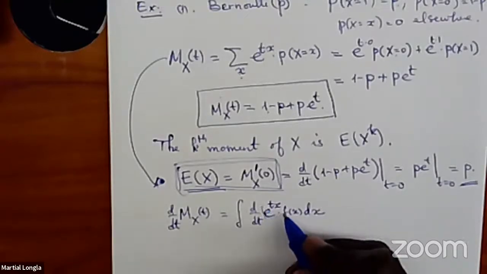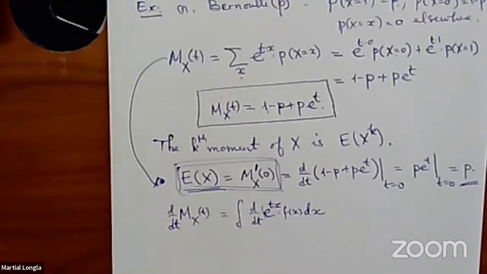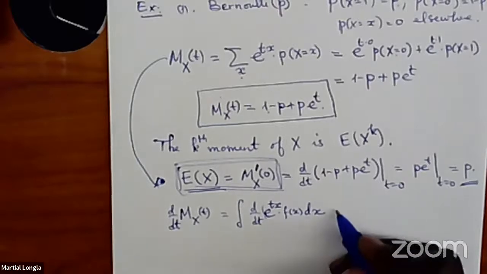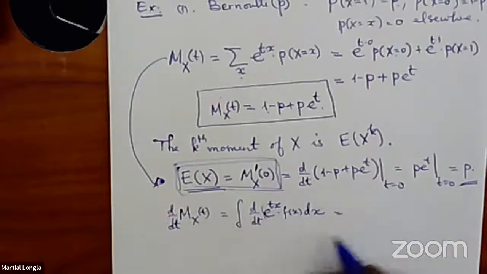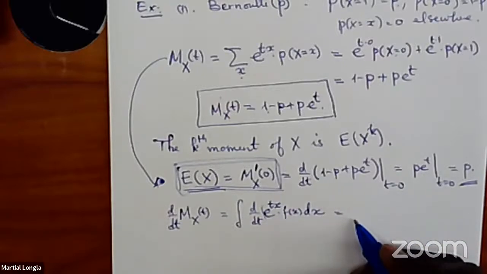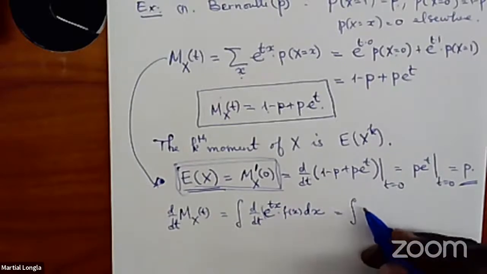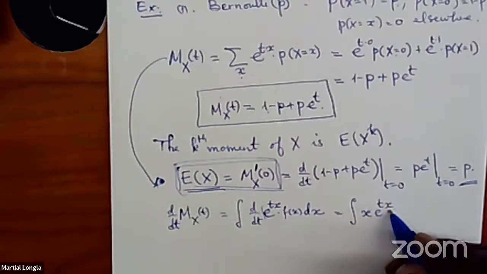This is if we are using a continuous random variable. The derivative of e to the tx with respect to t gives the integral of x e to the tx f of x dx.